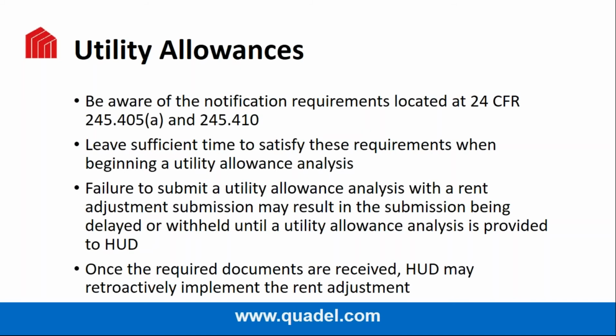So be certain to allow appropriate time frames for the tenant notification process to ensure that any UAs are able to be implemented on the approved effective date, and a reminder about the requirement to include this analysis with the OCAF submission.